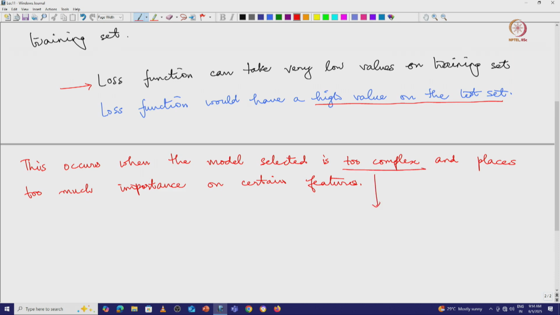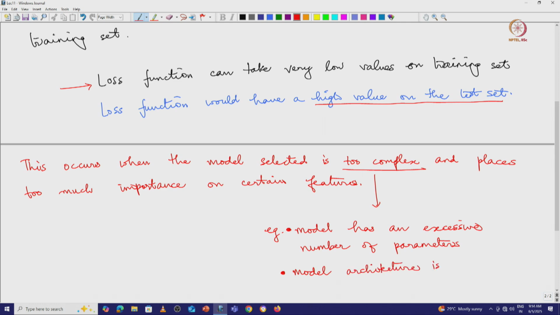So complexity could mean that the model has an excessive number of parameters, or the model architecture is too complex. For example, you are using something like a neural network, or something like a decision tree when linear regression would work.